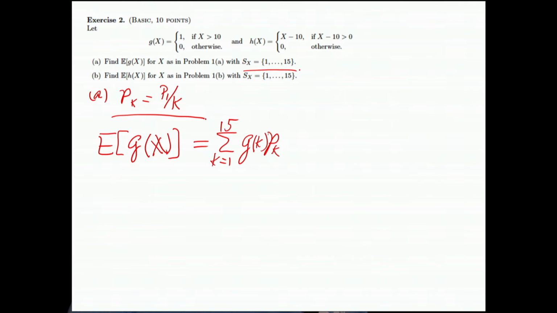So since we have this relation, we just plug in. Again, this is the outcome. In this problem, we can say it's a function of the outcome, and this is the weighting.